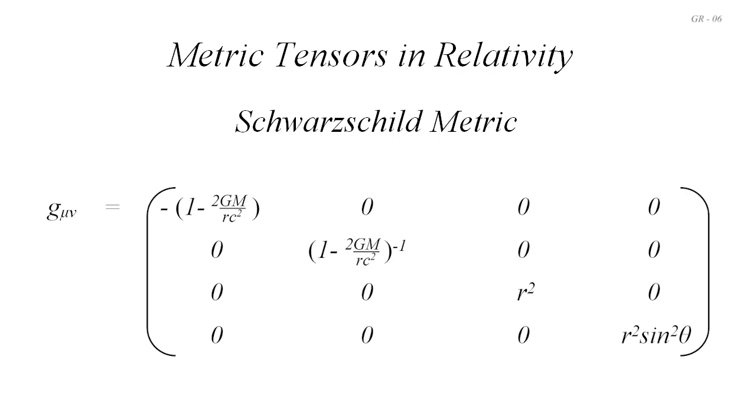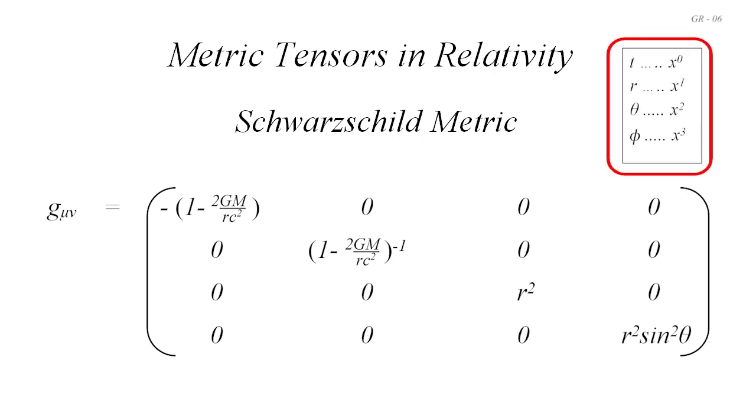You probably sense here that it is using a kind of spherical polar coordinate system. Not just the surface spherical, of course, because we're in 4 dimensions here, so we have 3 spatial dimensions and time. You will also realize that in this case, time is x0, radius r is x1, the polar angle theta is x2, and the azimuthal angle phi is x3.